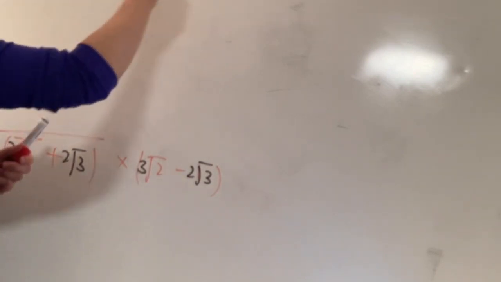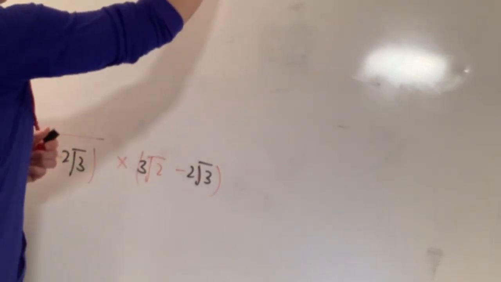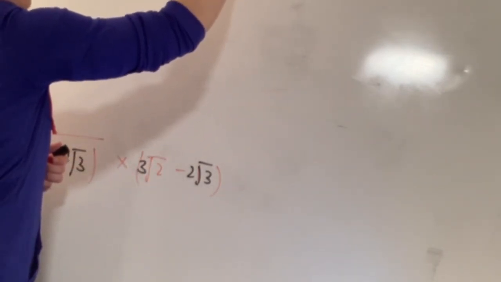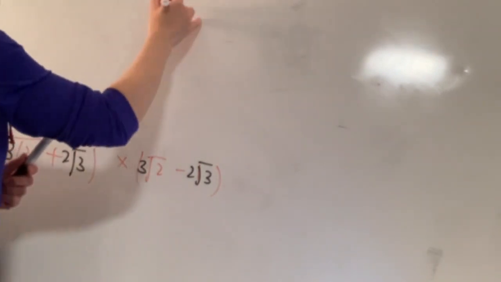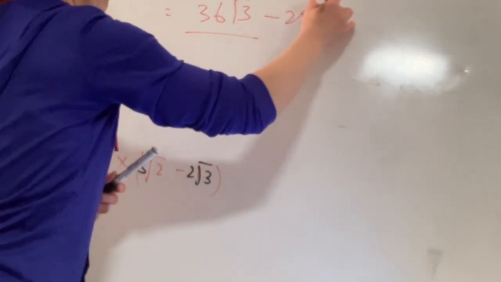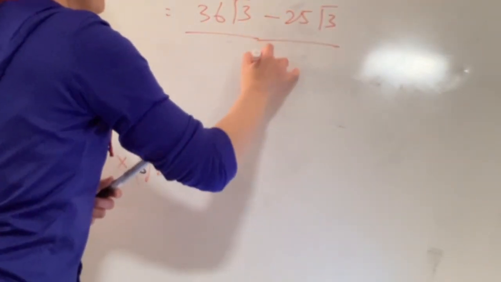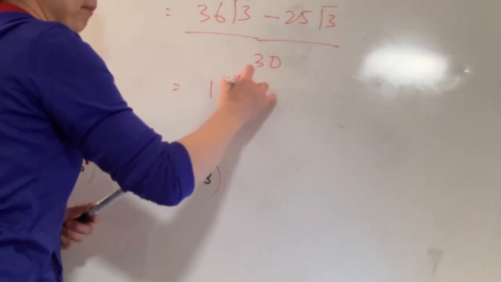Okay, now I can simplify this term. I can write it as 3 root 3 in here. So if I times it, 36 root 3 minus 25 root 3 over 30, which is 11 root 3, right?